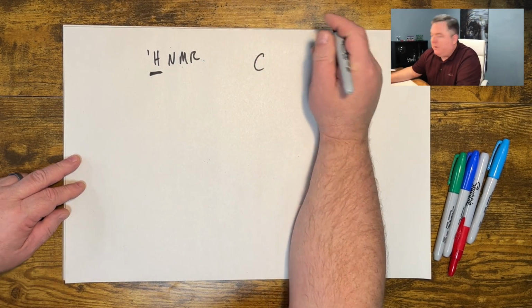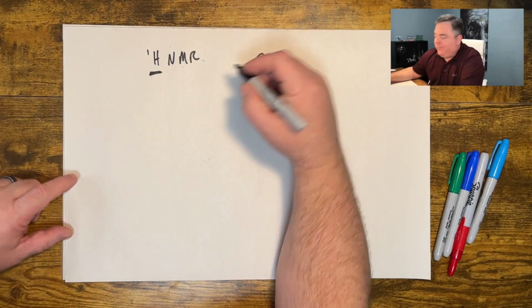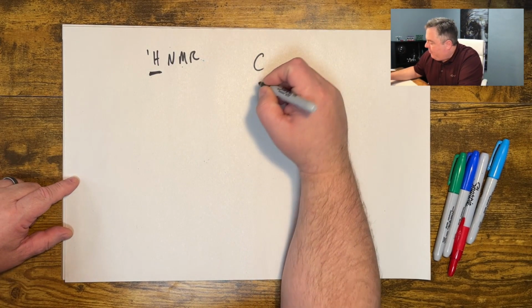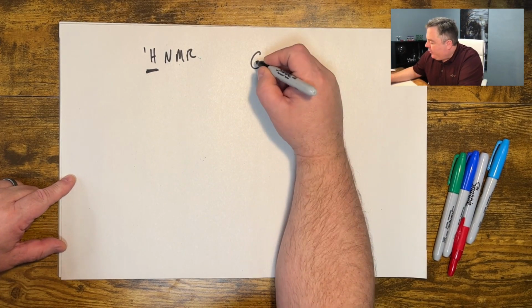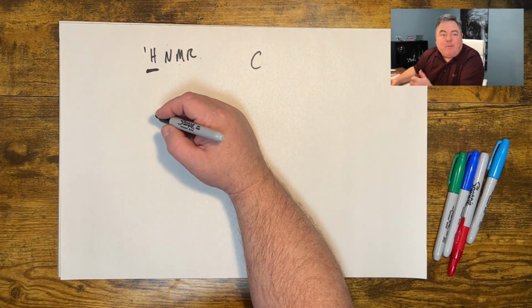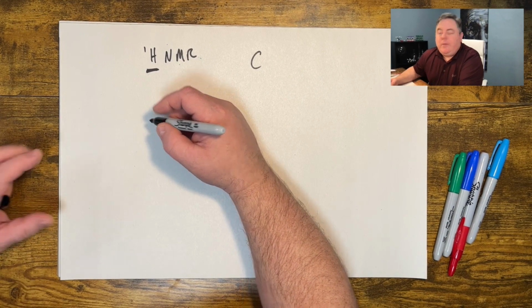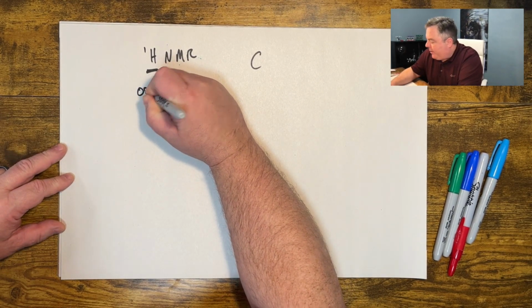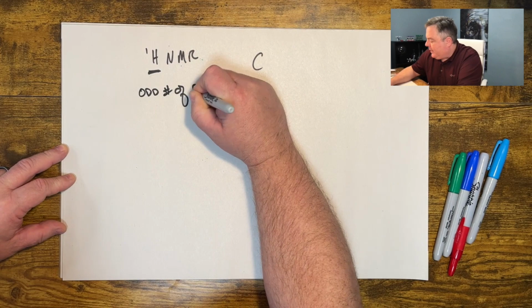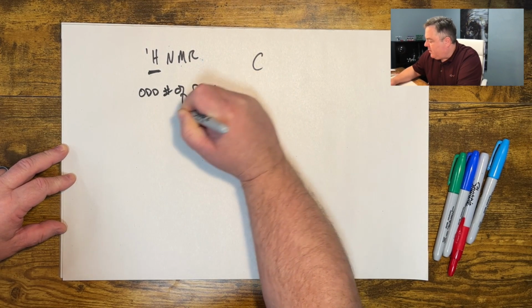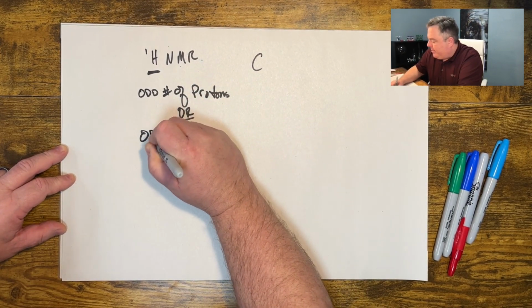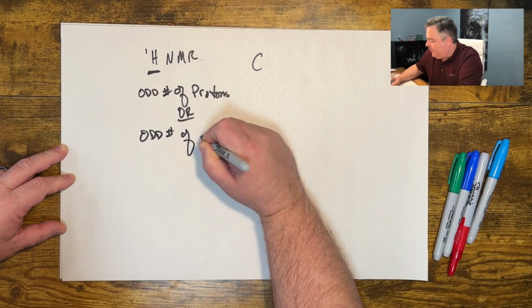Now carbon, we said earlier that you have a little nucleus. Inside of the nucleus of these atoms, you have a little magnet. But not every nucleus gives you a magnet. Only those with an odd number of protons or an odd number of neutrons.